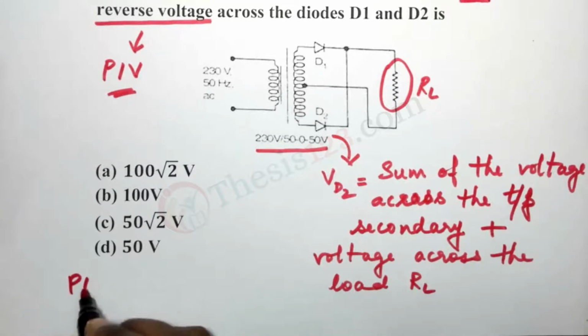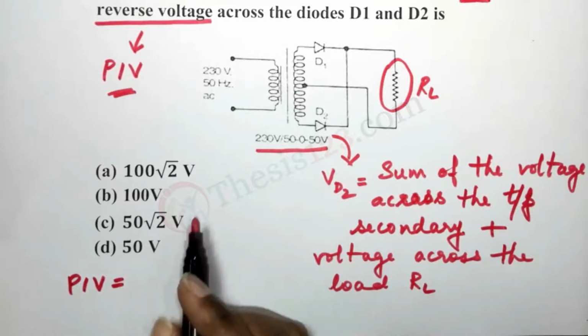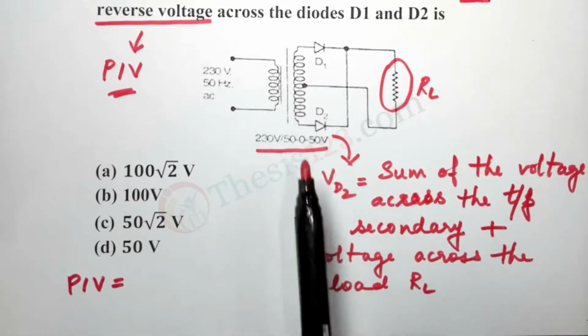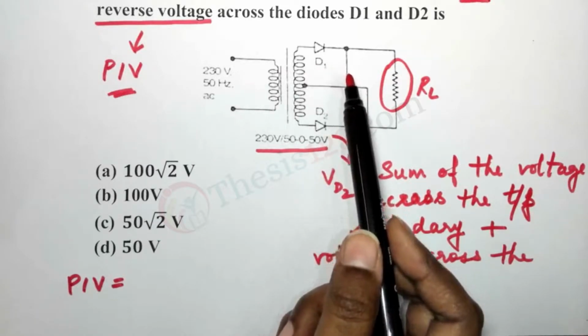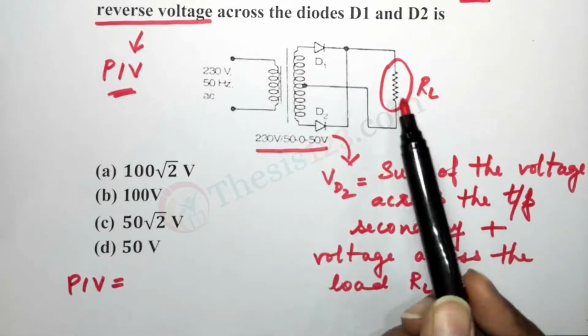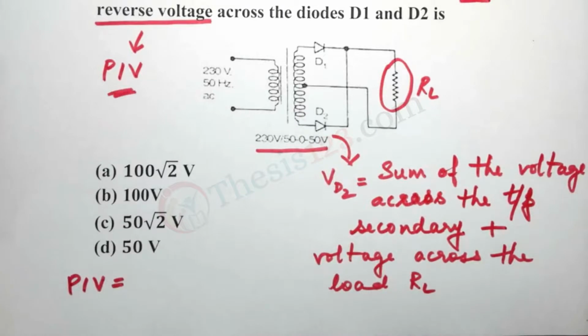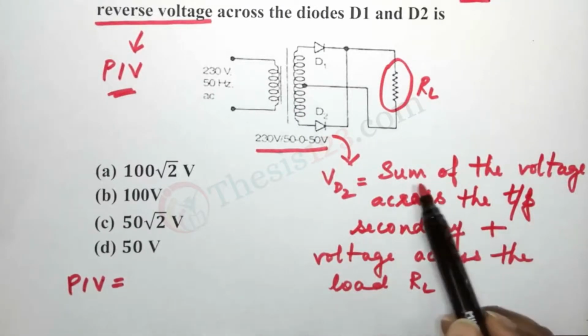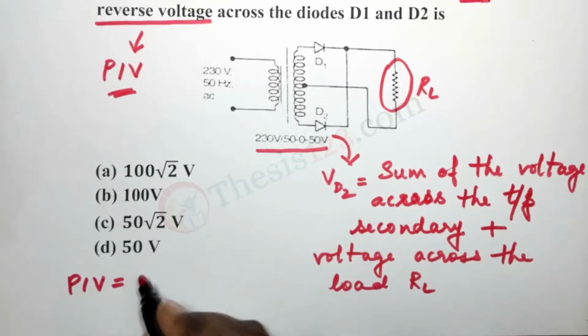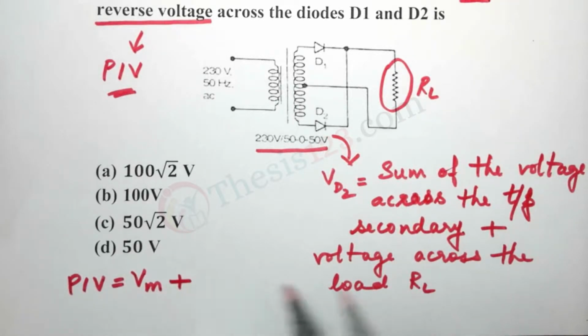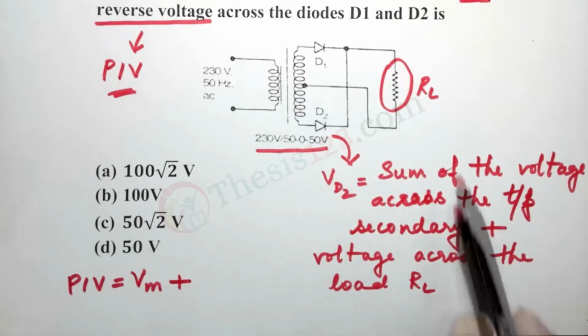So what this actually means is that PIV of D1 and D2, they will both be the same because at one half cycle, D1 is in forward bias while D2 is reverse bias, and then in the next half cycle they interchange that way. So PIV would be the sum of the voltage across the transformer secondary, which is VM, maximum voltage, plus the voltage across the load RL would be VM again.